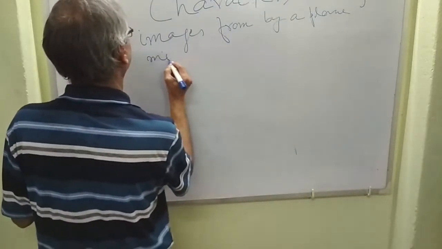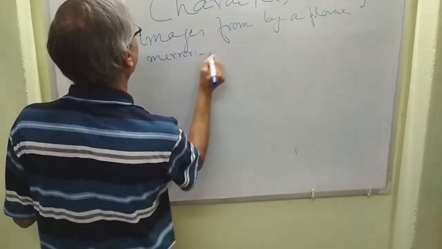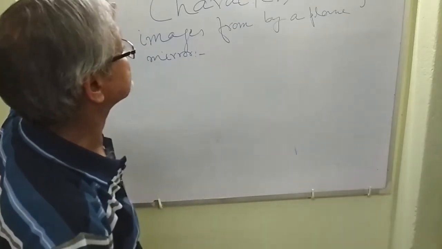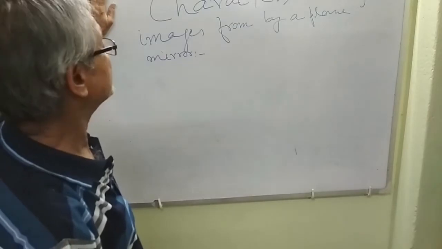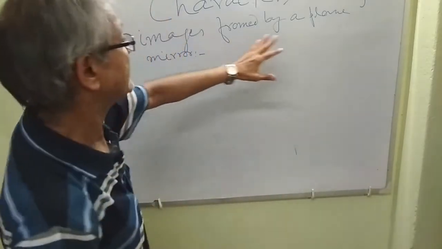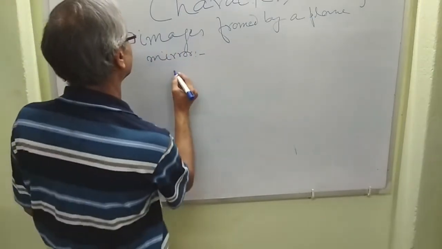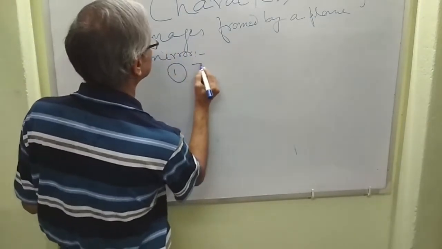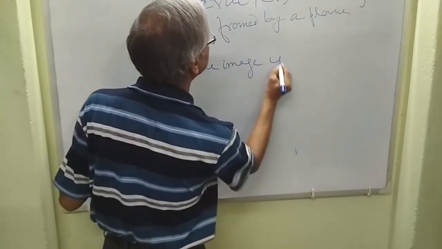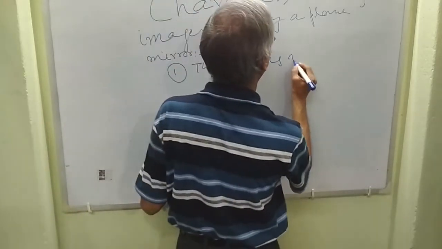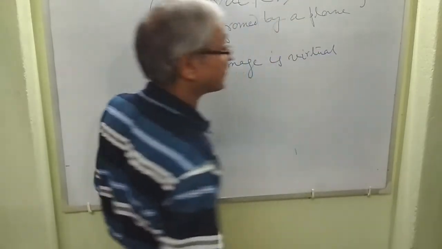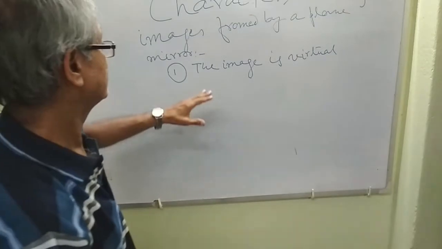Characteristics of images formed by a plane mirror. Number 1, the image is virtual, that is, not real.